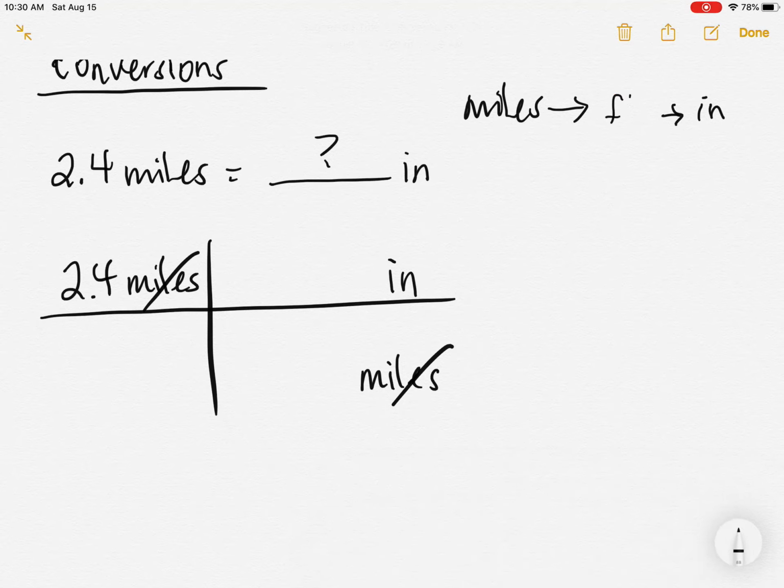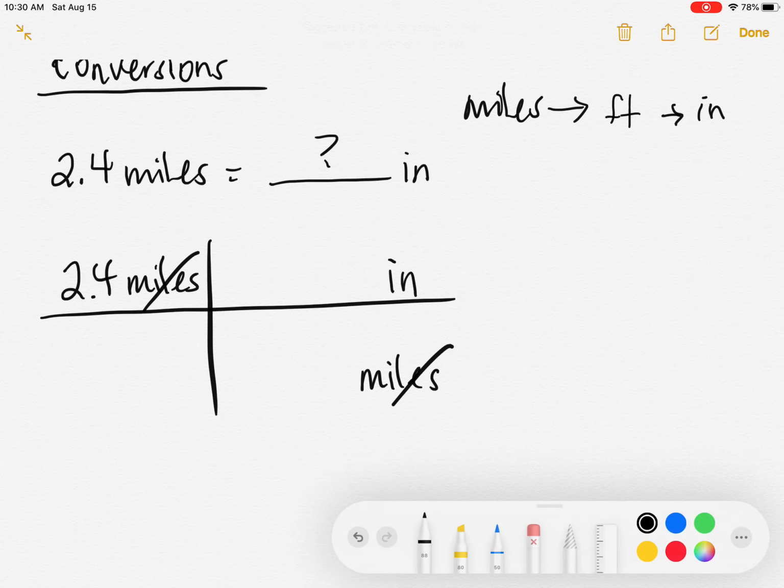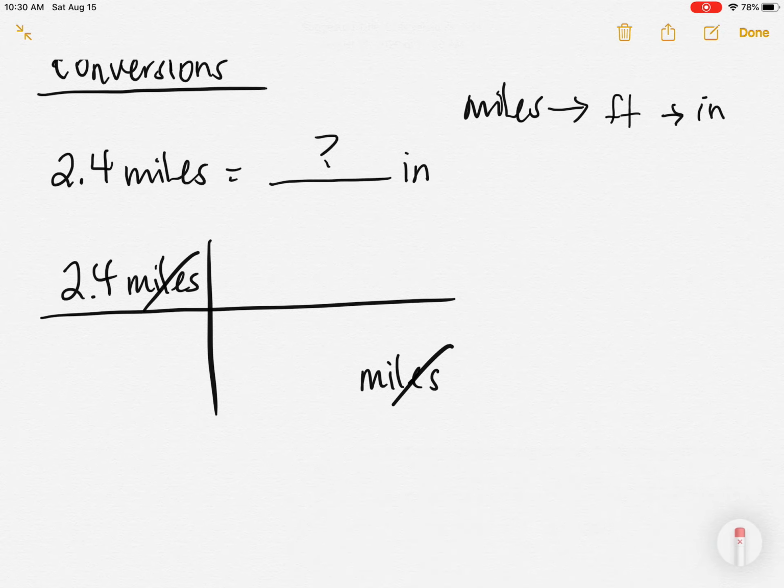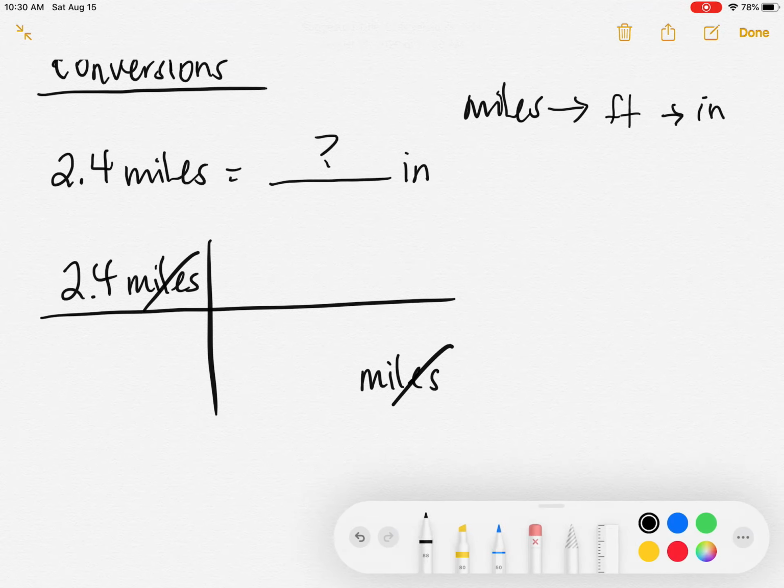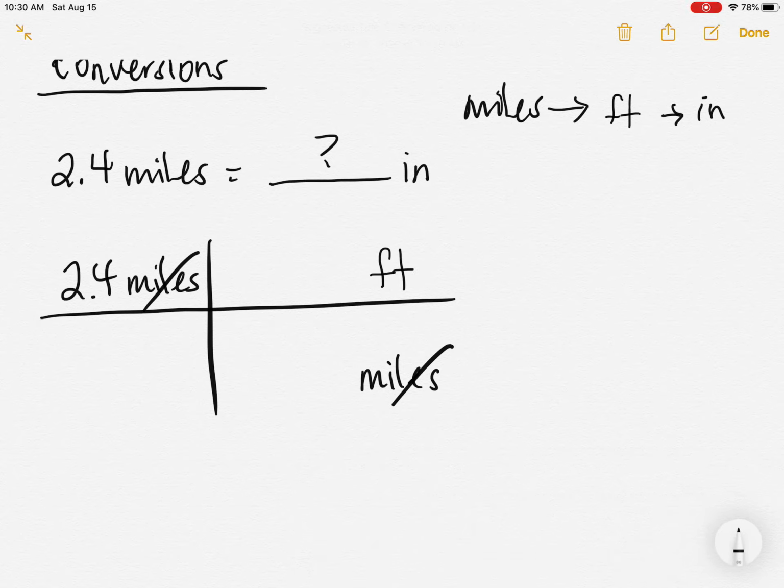And we're going to get better about defining this path as we progress through these problems. So in this case, I have to erase something that I've done because I'm actually not directly going to go from miles to inches. I'm first going to go to feet, okay?